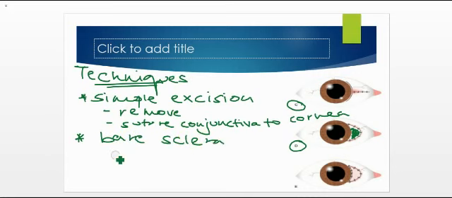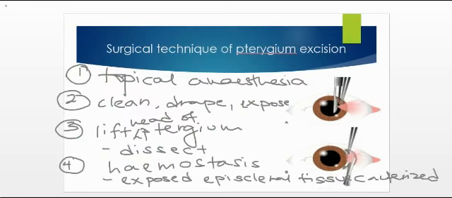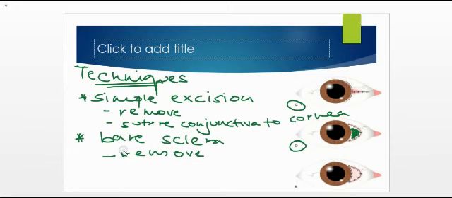That means I'm going to remove, as usual, the pterygium here, then some part of conjunctiva I'm going to also excise.